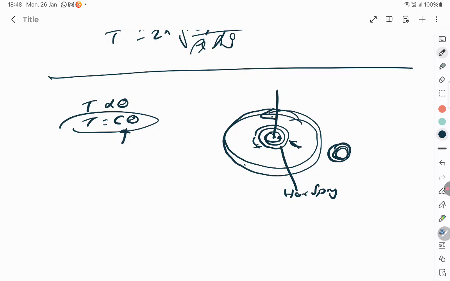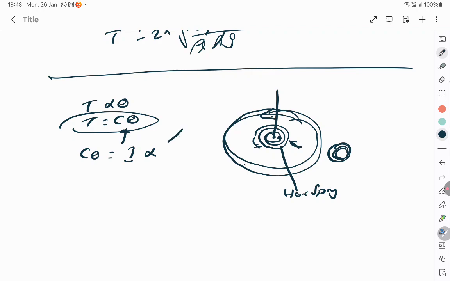When any rotation is there, obviously torque is proportional to theta, and torque is equal to c into theta, which is also equal to I into alpha. You know, torque is equal to I alpha.